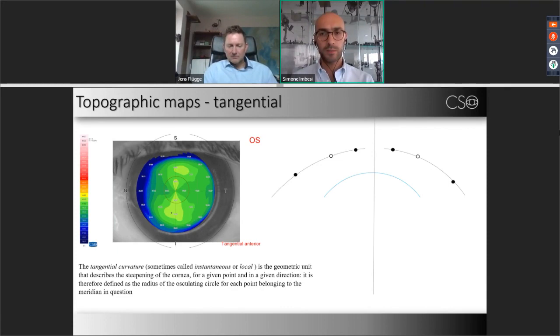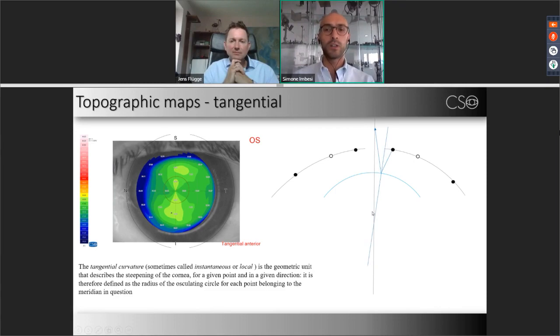This algorithm analyzes the cornea meridian by meridian, a different way to analyze the cornea shape. The only thing we need to know is the position of the mires on the Placido disc, the position of the mires reflected by the cornea, and the working distance of the instrument.